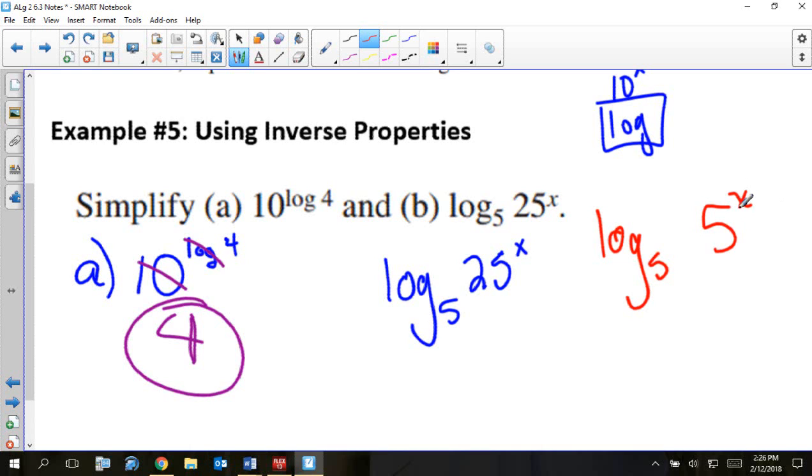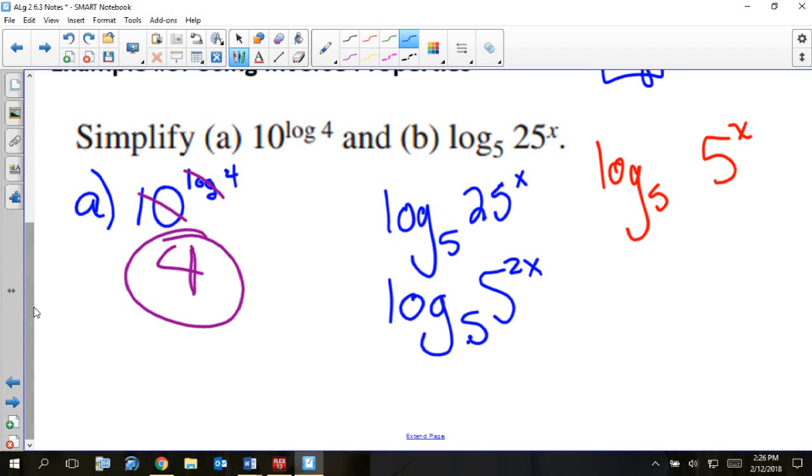This is not 5 to the x, but it could be written as 5 to the something. 5 squared, right. So I'm going to rewrite this as log base 5 of 5 squared, and then that x is still there, because we multiply our exponents together. So when I do that, I now have log base 5 and 5 to the, which cancel each other out. And what do we get for our answer? 2x.